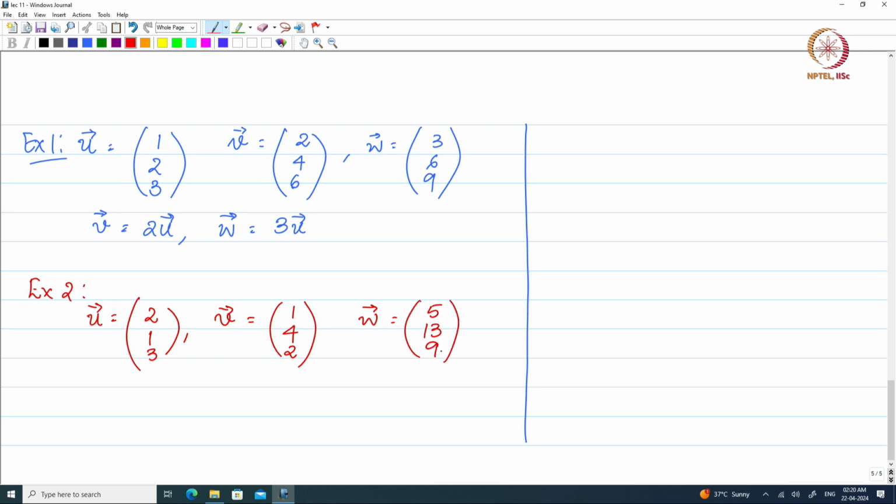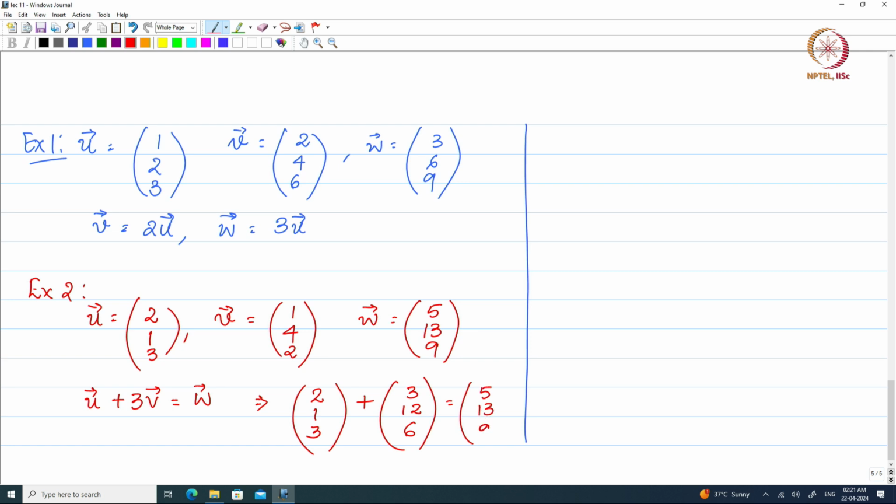Then we see that u plus 3v gives me w. What does that imply? We have 2, 1, 3 plus 3, 12, 6, which gives me 5, 13, 9. Therefore, the vectors u, v and w are linearly dependent.